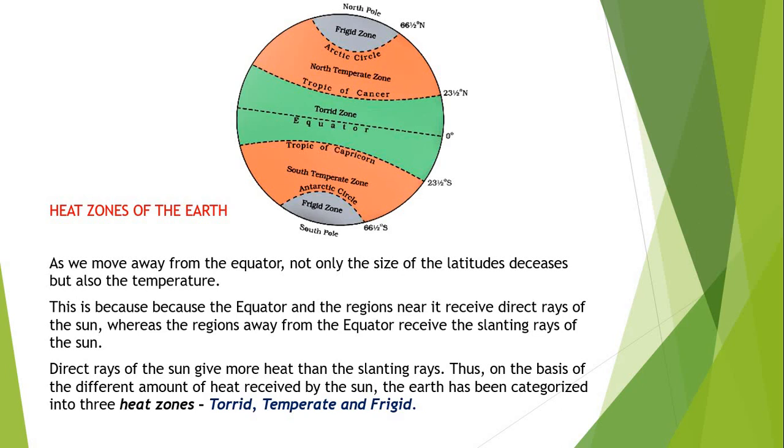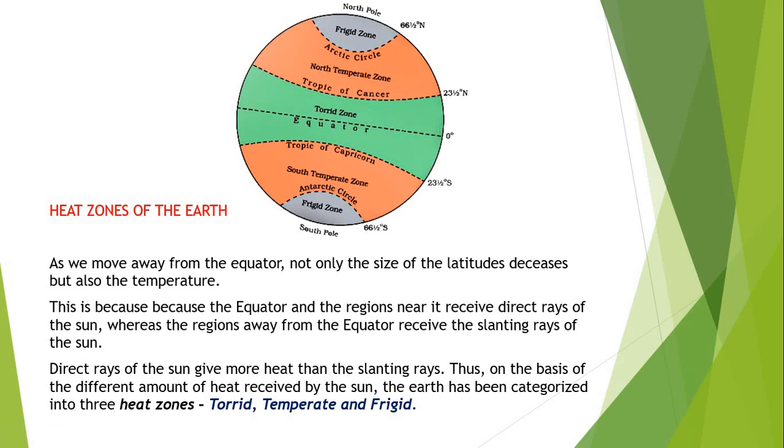On the basis of the different amount of heat received from the sun, the earth has been categorized into 3 zones. As you can see in the image, the green color section is the torrid zone.